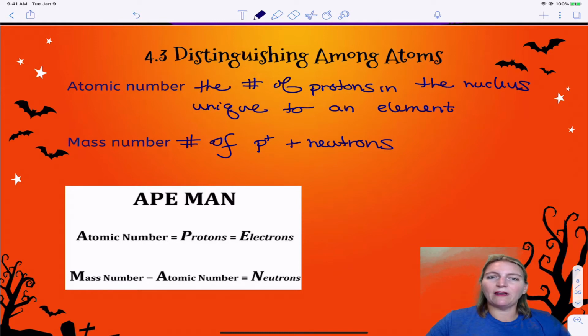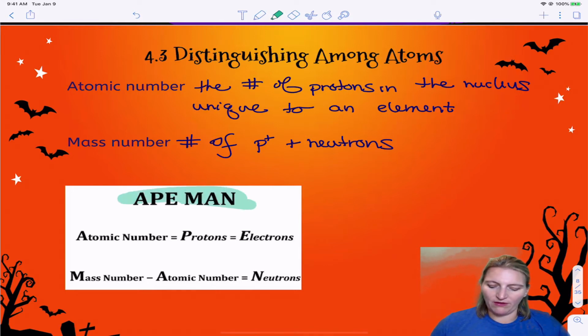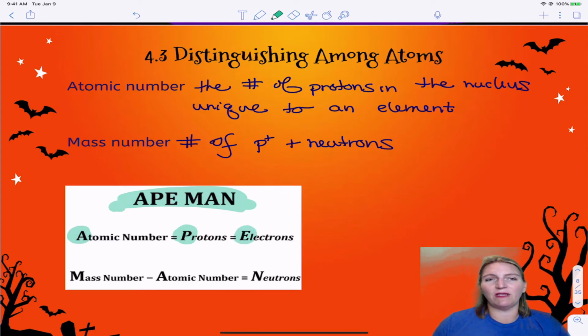So 2 atoms of the same element would have to have the same number of protons, but they could have differing numbers of neutrons. There's a little mnemonic to help us remember that: APE MAN. Atomic number is equal to the number of protons and to the number of electrons, again, if it's something we're going to call electrically neutral, meaning the same number of protons and electrons, not an ion.